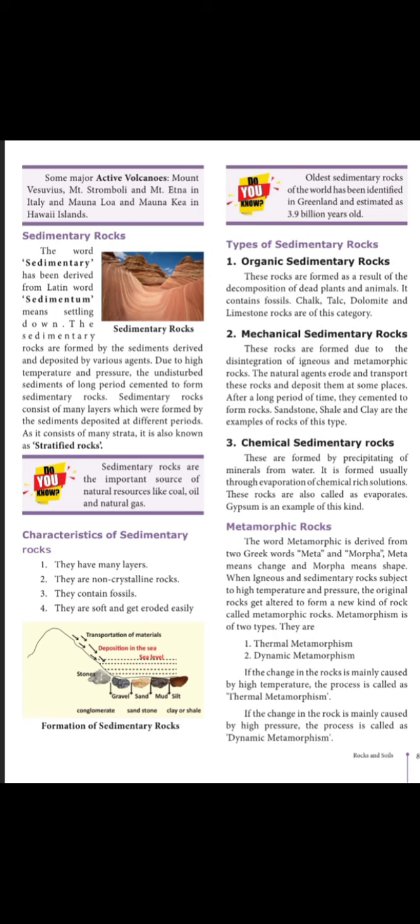Then soil conservation. Soil conservation means what? We have to conserve it, protect it. It should be protected from being destroyed. Without soil, can we get food? Only if there is soil can we cultivate crops and get food. Soil conservation is the process of protecting the soil from erosion to maintain its fertility.